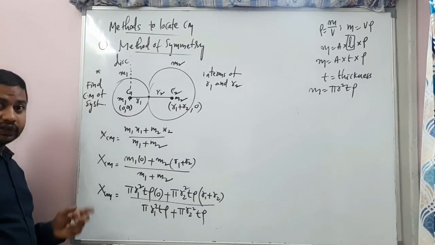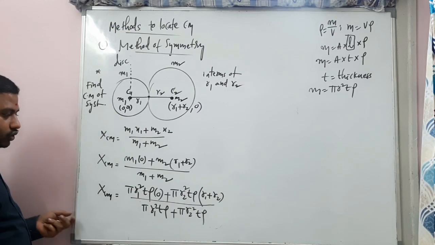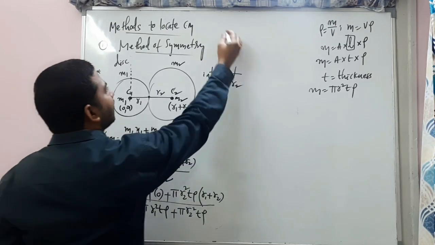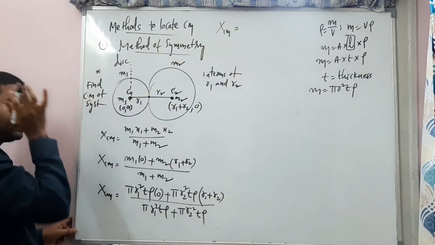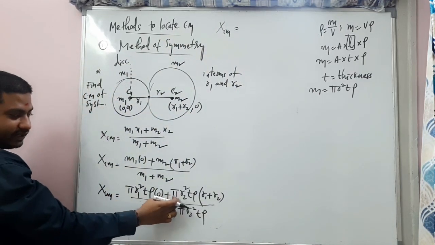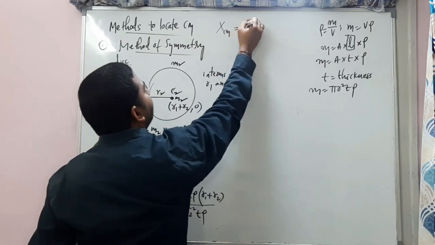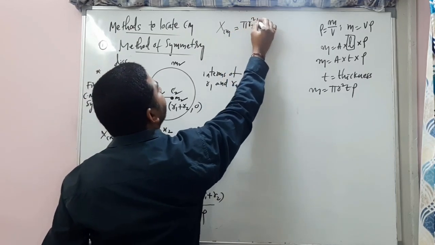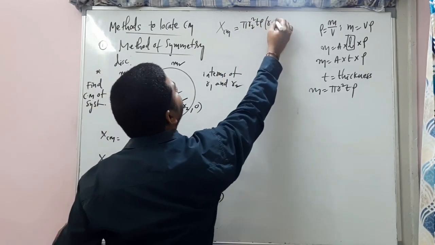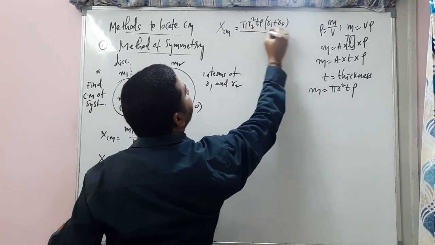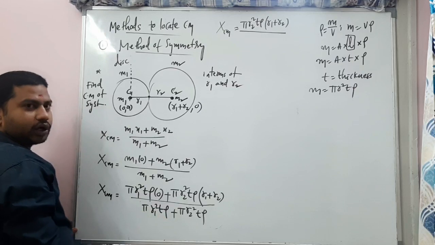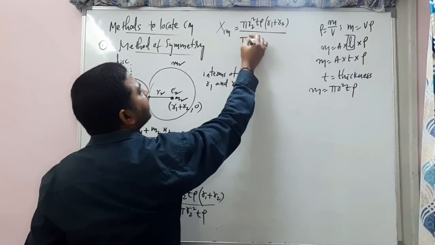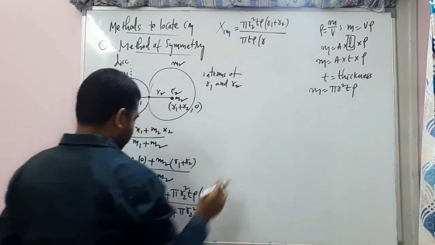Understand? Clear? So this is 0. And what is left here? Let me write. XCM is equal to, look at the interesting thing. This is 0. And here what is left? Pi R2 square t rho into R1 plus R2, divided by pi t rho common, and what is that?